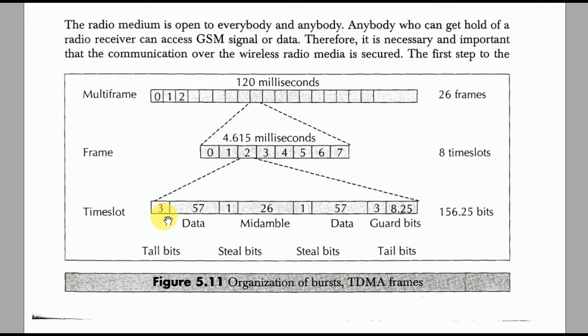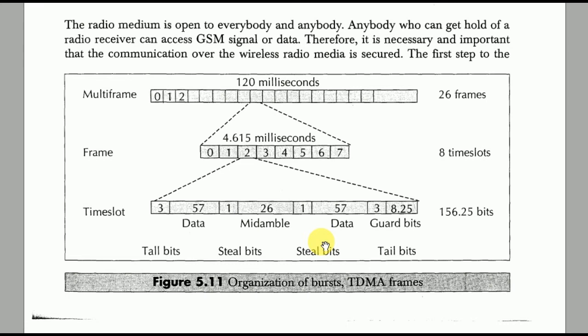In this figure you can see the first 57 bits of data information and another 57 bits of data information. So 57 plus 57 equals 114. These 114 bits are the information.